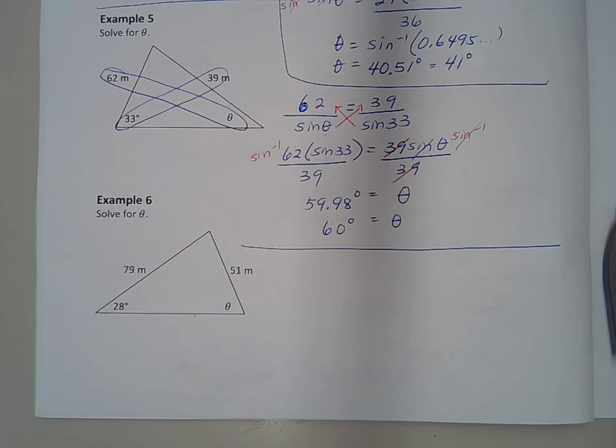Angle over the side. Which one, number one? Three. It's different. Why is it different?